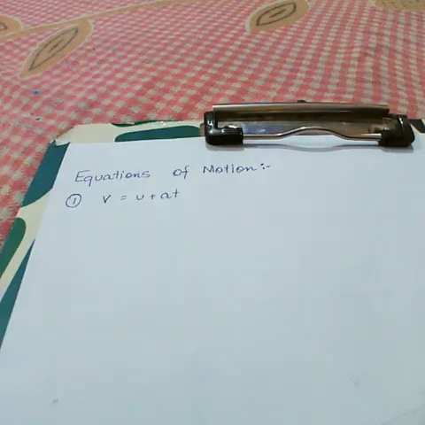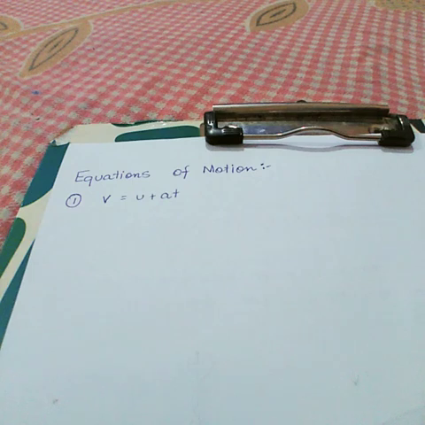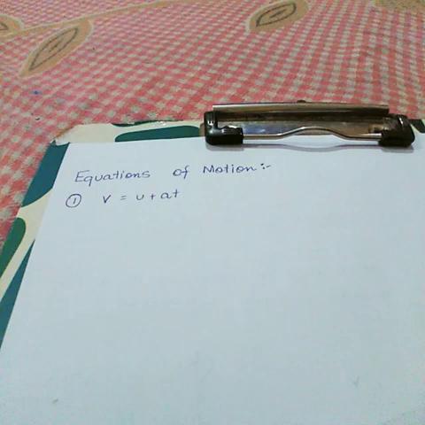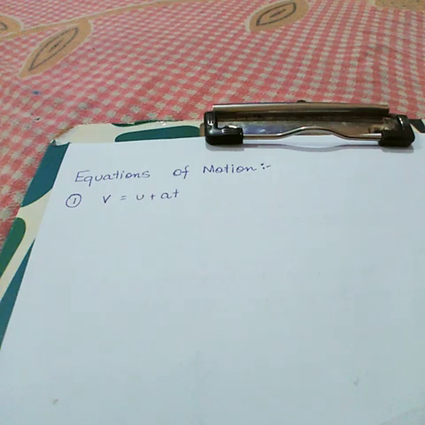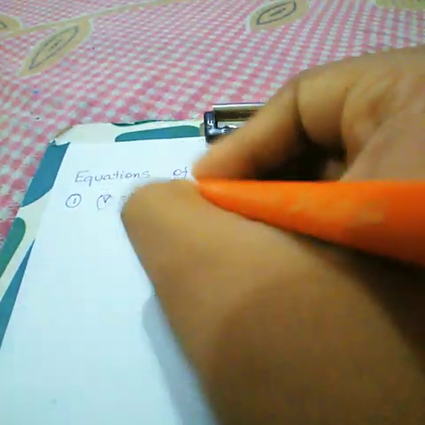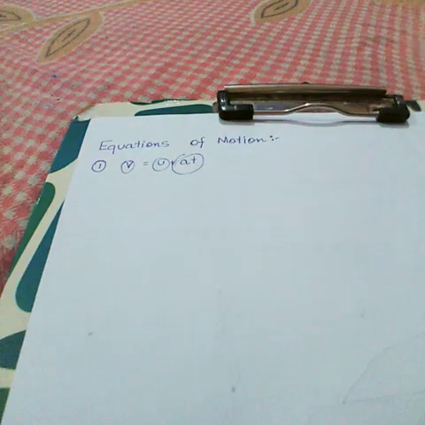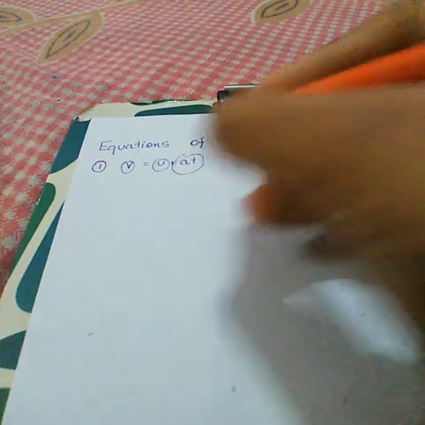So the first equation of motion is v equals u plus at, which means that velocity v, you understand here the meaning of these terms. Here v is the final velocity.